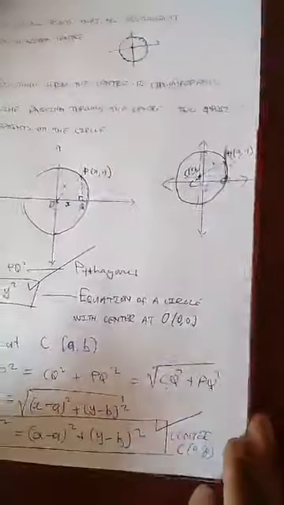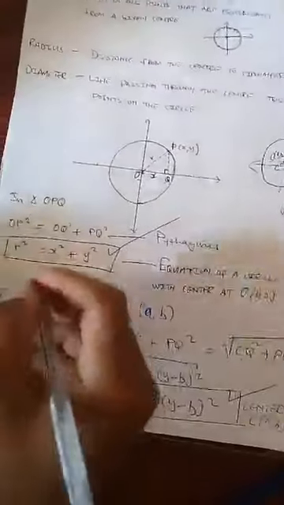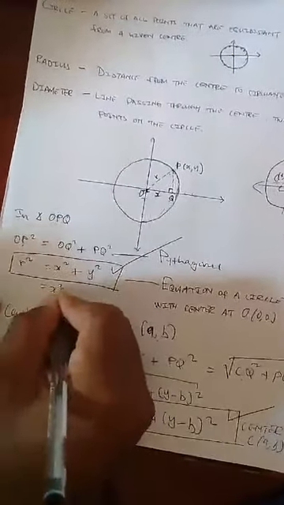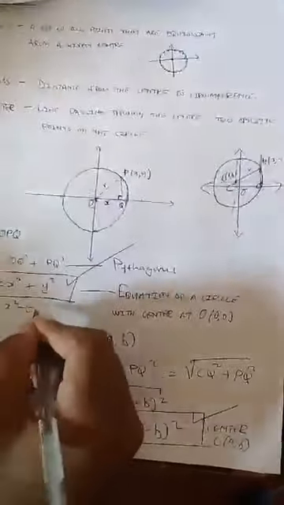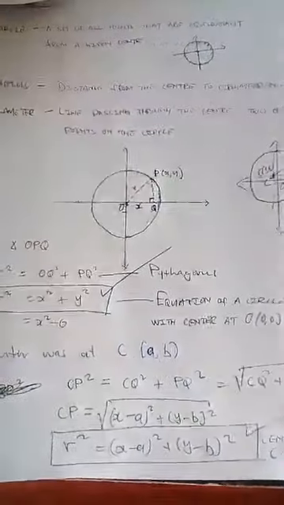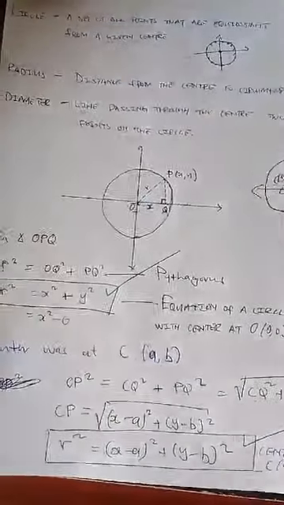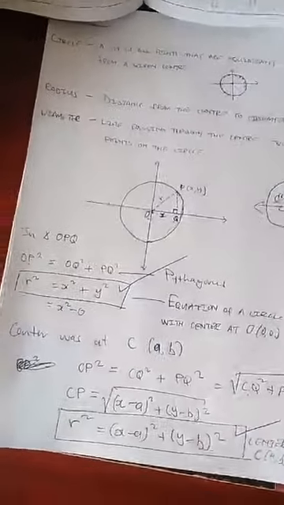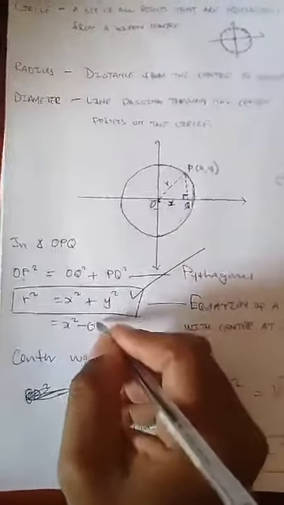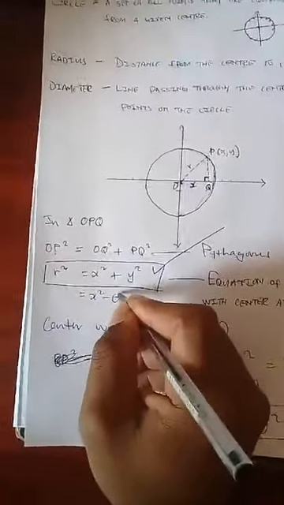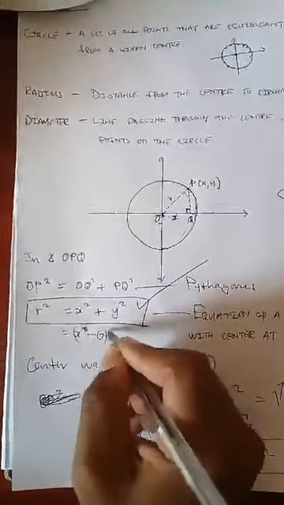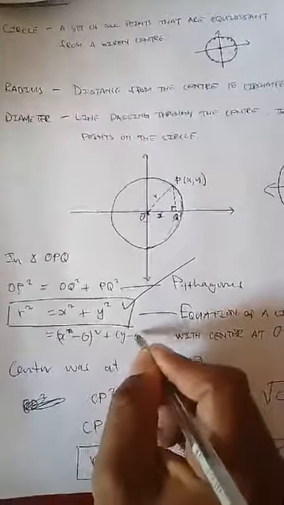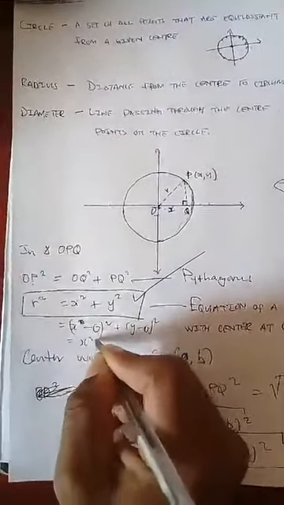Those are the coordinates of the center. So here you can see that it's as if you have X squared minus 0, or you could have X minus 0 all squared plus Y minus 0 all squared, which is ultimately X squared plus Y squared.